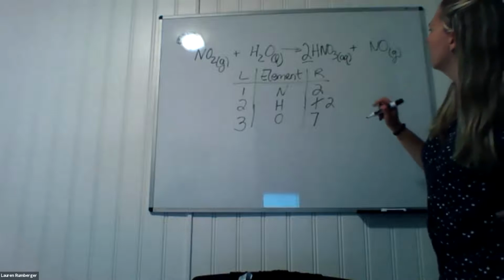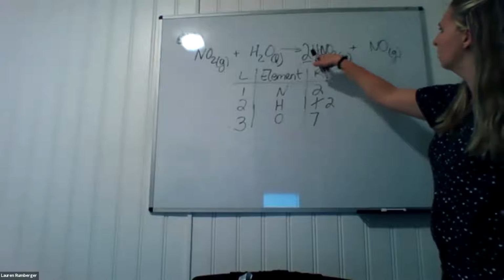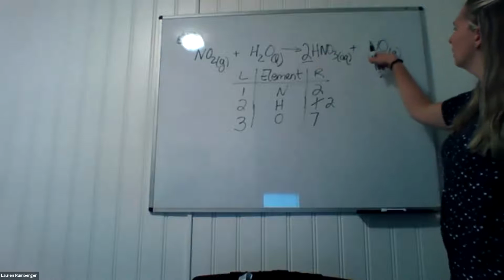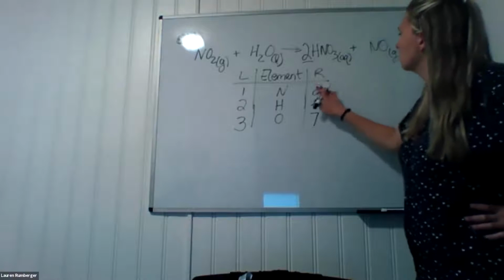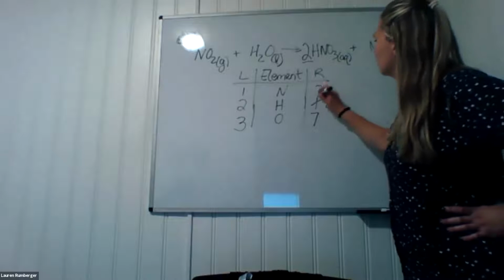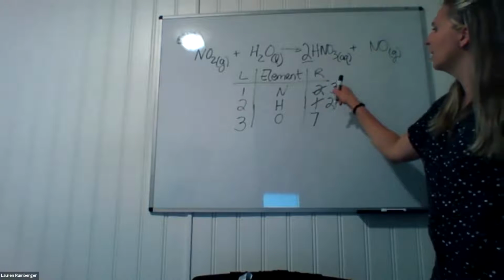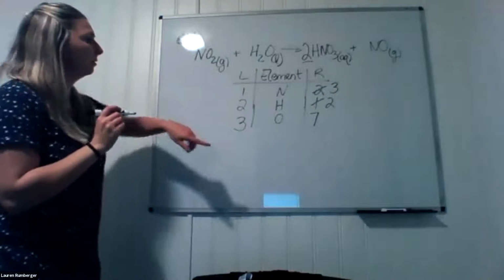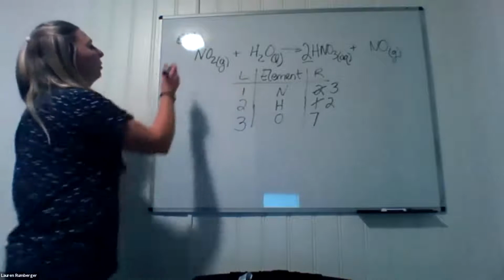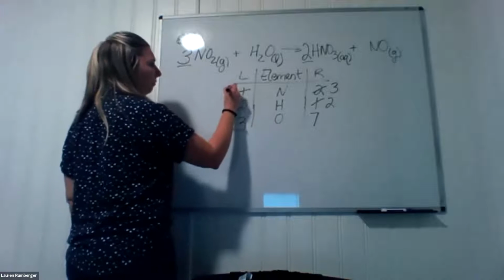Okay, so then if we have two, now we actually have three nitrogens on the left. So we started with two, now we have three. So then now, in order to balance the nitrogens, we need to put a 3 in front of the NO2.